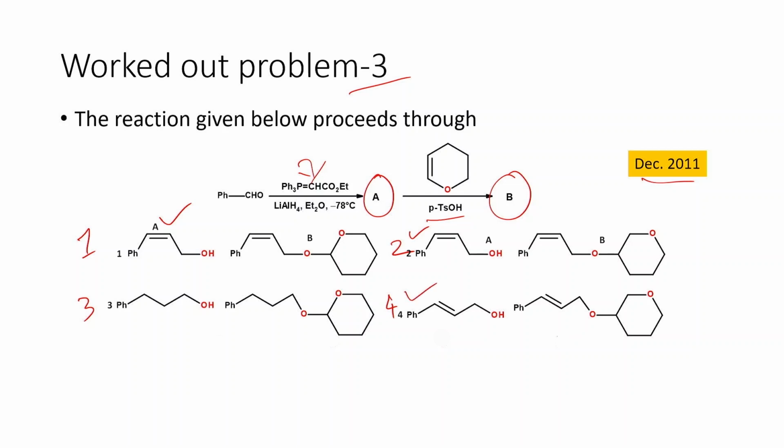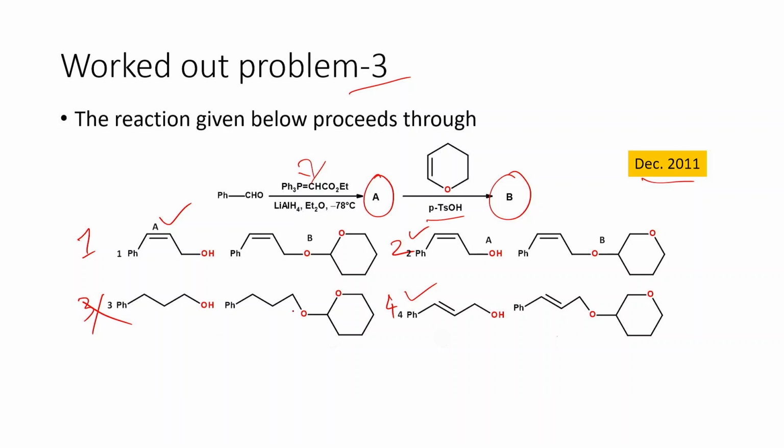So 1, 2, 4 are more probably the intermediate. 3 is not the one, because in 3 both the double bond and the ester group are reduced. So that's not the product. Any one of the others could be the product, and now we only have to see what the final product is, the tetrahydropyranyl ether.